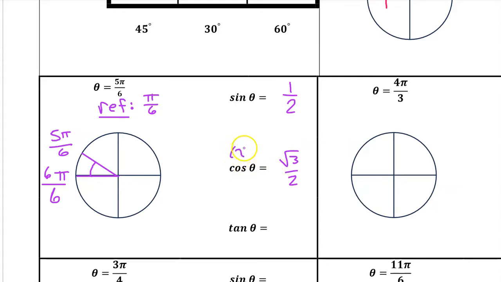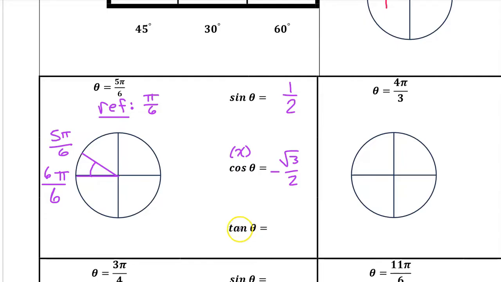Cosine is the x value on the unit circle. In quadrant 2, where we have landed, the x values are negative. We are to the left of the y-axis. Therefore, the cosine in this quadrant is negative. So the answer is negative radical 3 over 2.